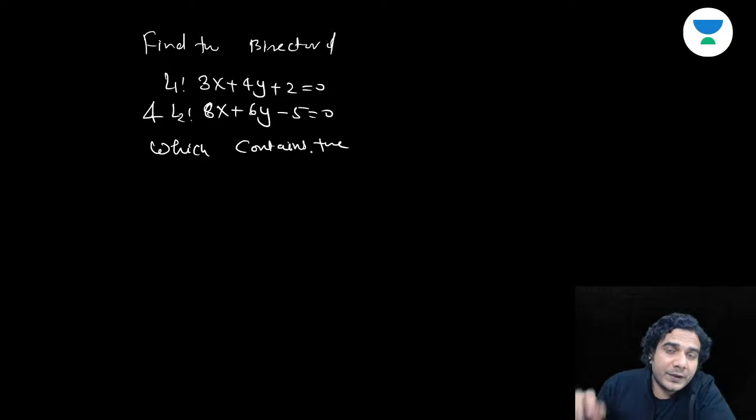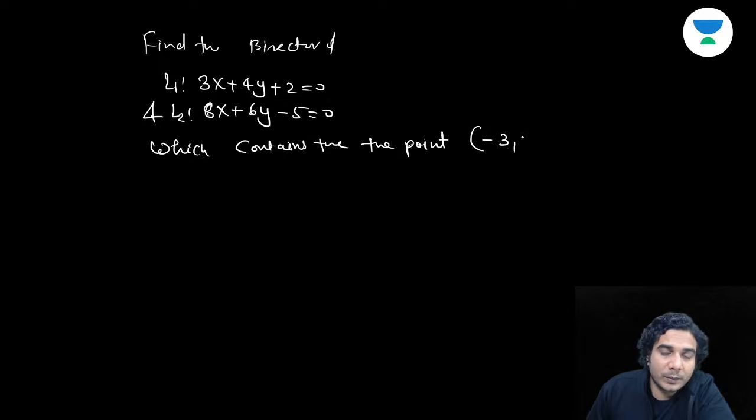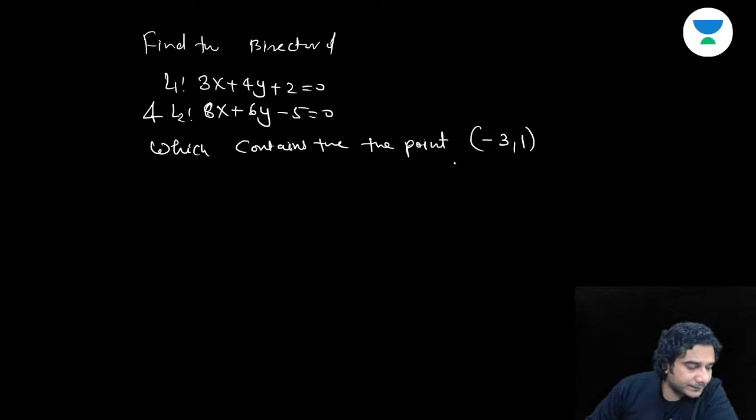I am writing the language which they generally write in the questions, okay? So this language they use, "which contains the point (-3, 1)", means the same thing: the bisector of the region where this point lies. All right, are you understanding this thing here?